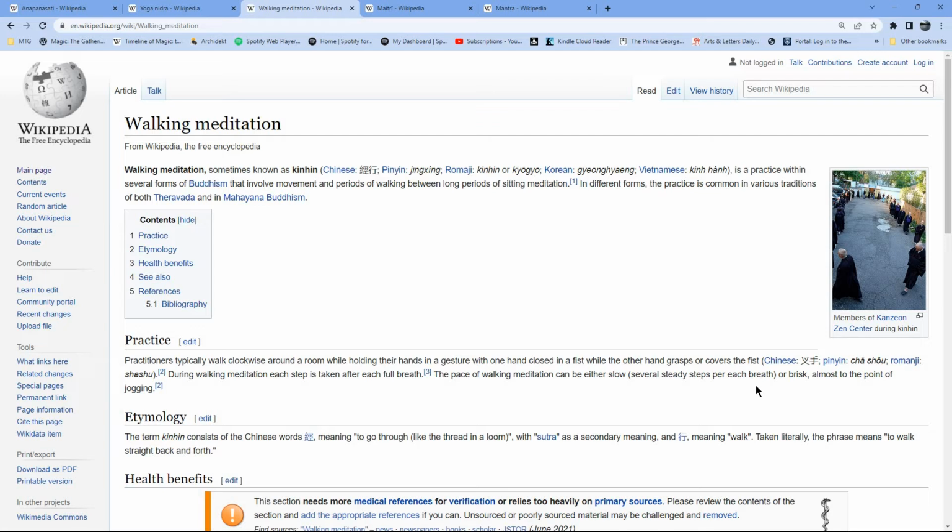And also what I hadn't realized is I was under the impression that one step was one breath. So that's why I thought it was always done very, very slowly. And as I've said, it can be done like that.